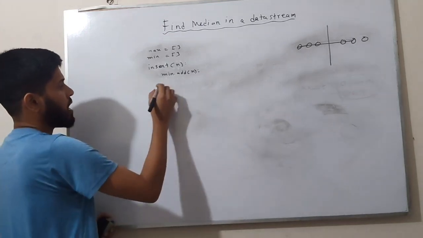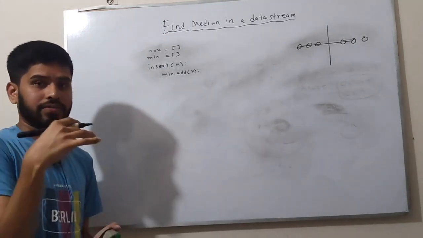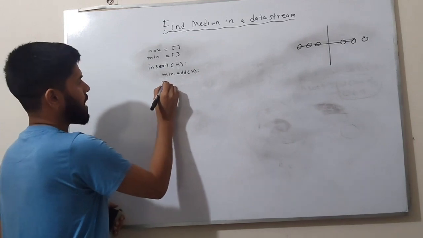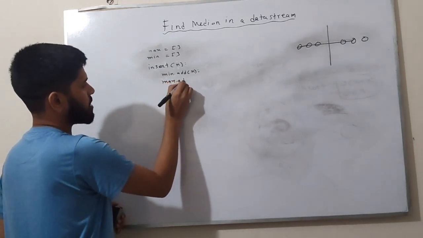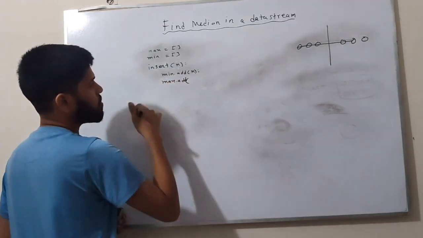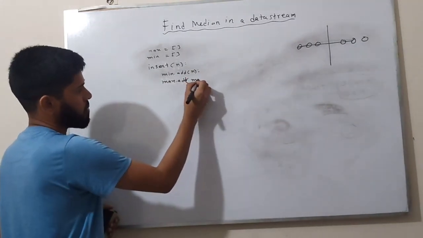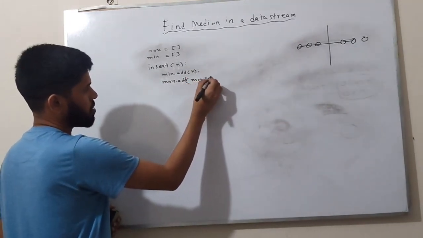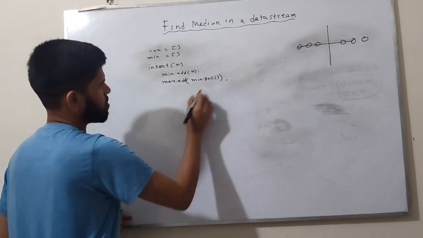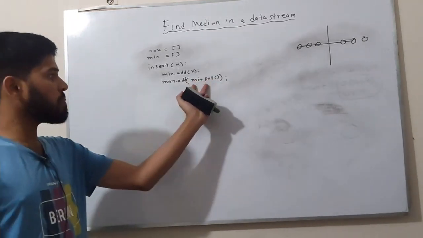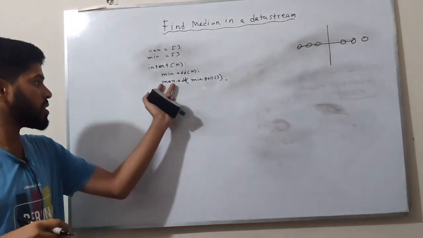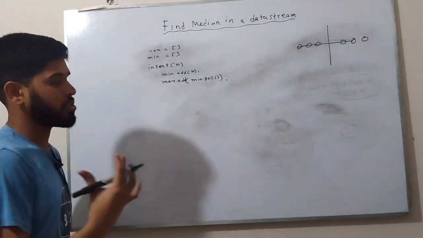Let's remove that and add it back to our max heap. So max dot add. Let's remove from the min heap data structure, so min dot pull. Alright, so we removed the peek element from the min heap and inserted it in our max heap data structure.